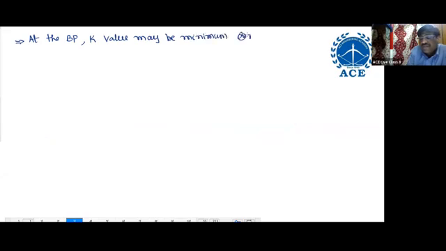So to find minimum and maximum, we need to differentiate the K value. At the break point, K value may be minimum or maximum.